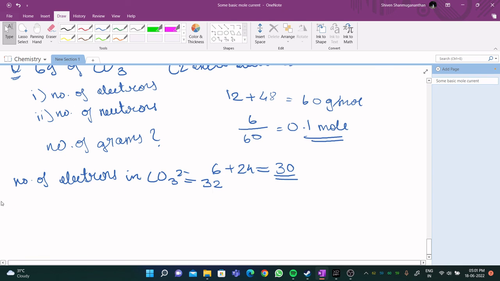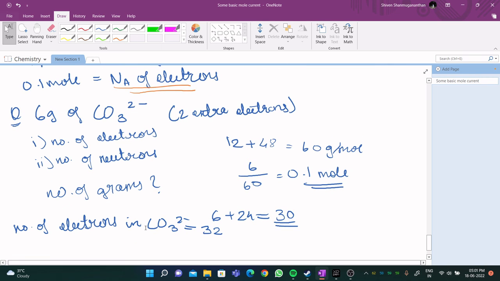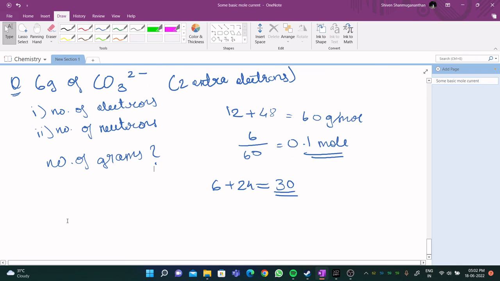Now again, this is 1 mole of CO3 2 minus. I'll write this again properly. Number of electrons in CO3 2 minus is equal to 32.